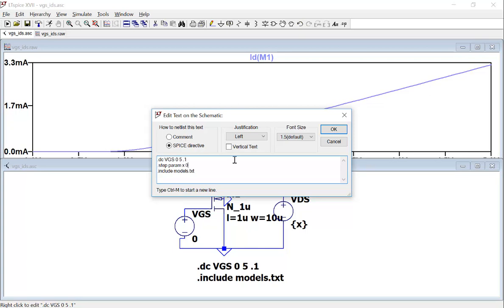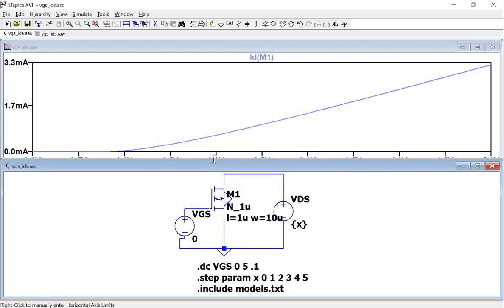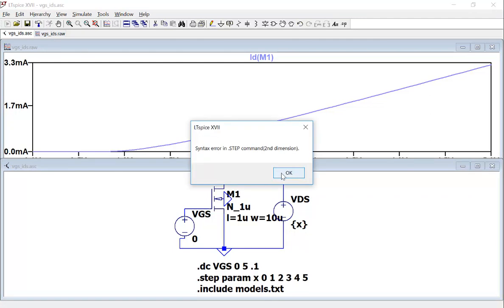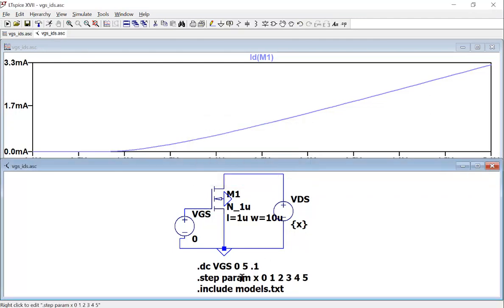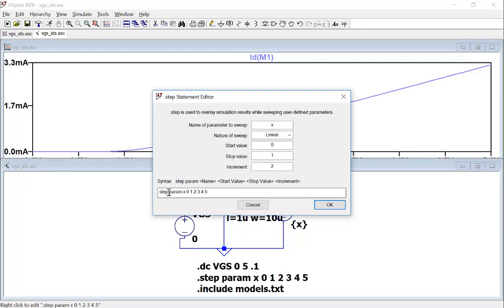And let's try 0, 1, 2, 3, 4, 5. I think that's how that works. Let's try it first before we find out the truth. I'm going to rerun it. Oh, this doesn't work. There's another, I think it's VDS.